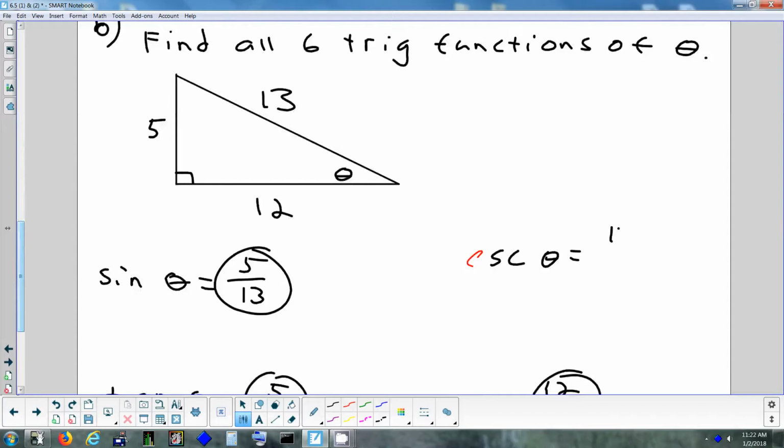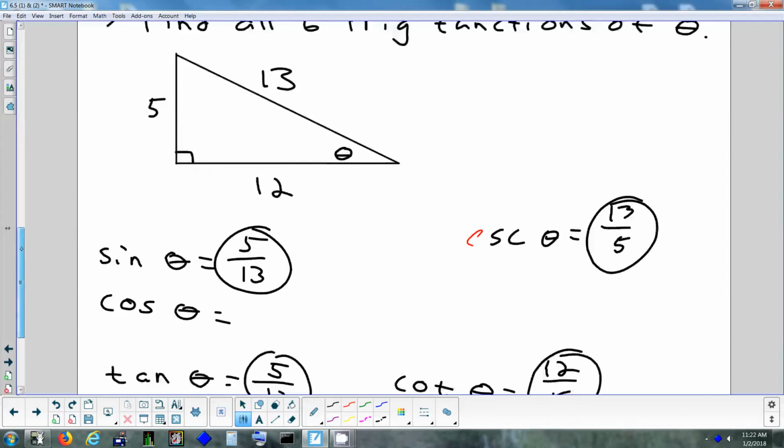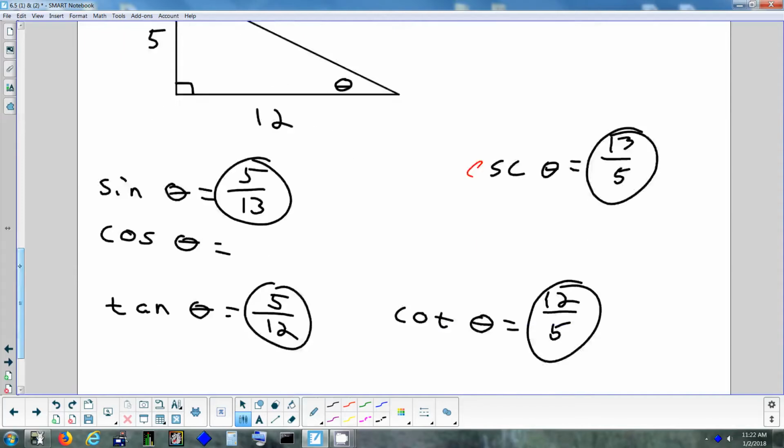You just flip it, yep. And Braden, what about my cosine? That's 12 over 13, right? Yes, adjacent over hypotenuse. And then the last one, my secant, Kelvin. 13 over 12. Yep.